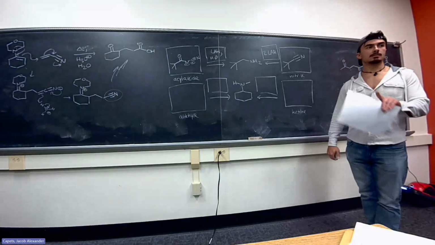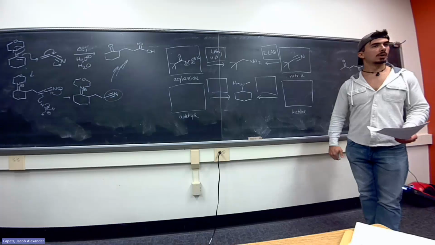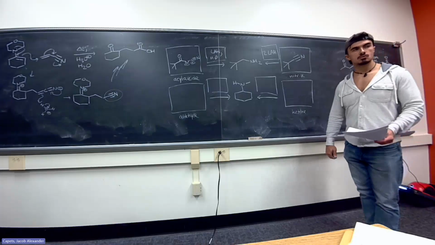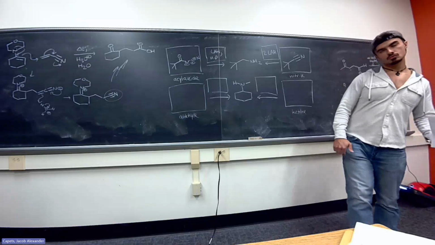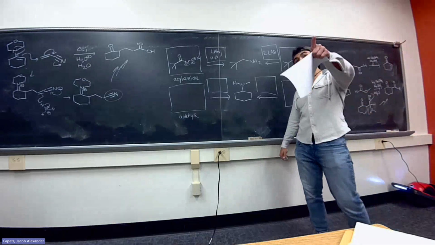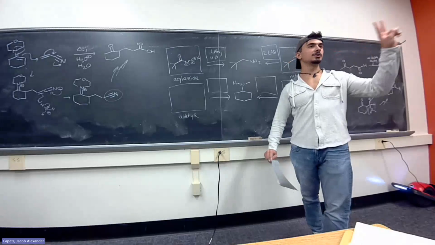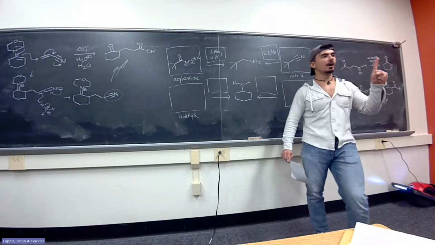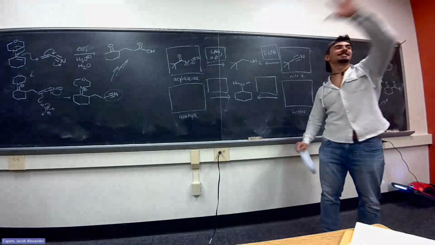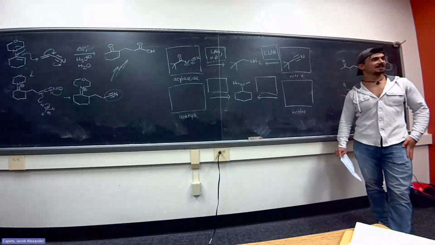That's an imine. Amine we make with reductive amination. I'm going to give reductive amination a number 2 in order of importance for reactions on this exam. One is everything, all of the condensations, which is a lot of different reactions.